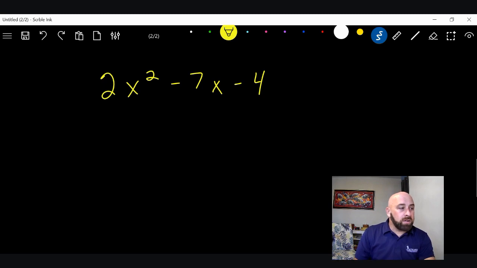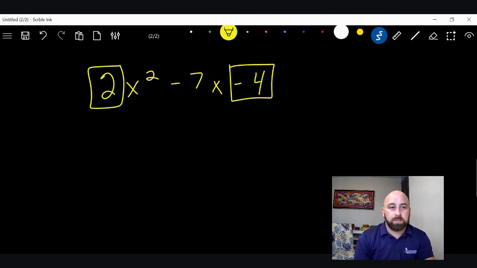What you can do is take the product of the first and the third term. What's the product of 2 times negative 4? That equals negative 8.